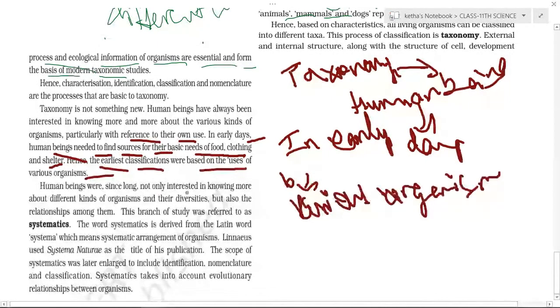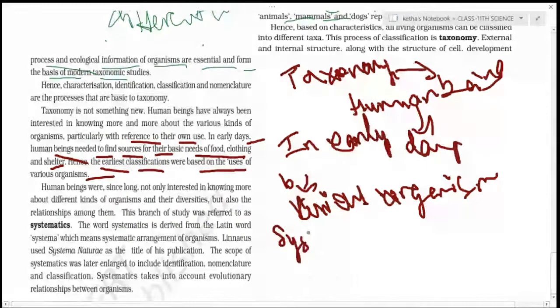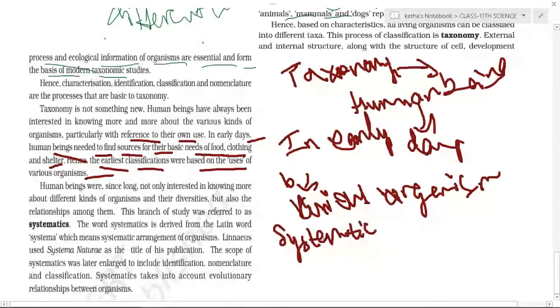Human beings were, since long, not only interested in knowing more about different kinds of organisms and their diversities, but also the relationships among them.